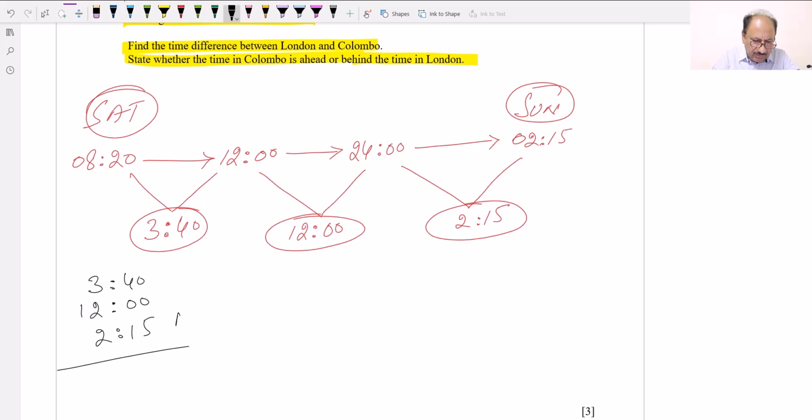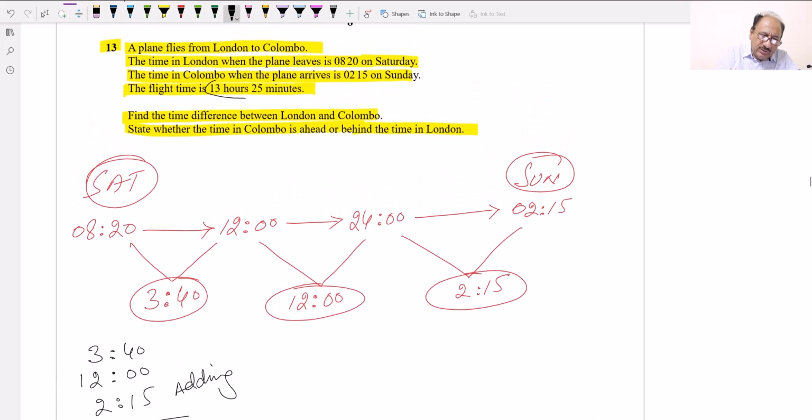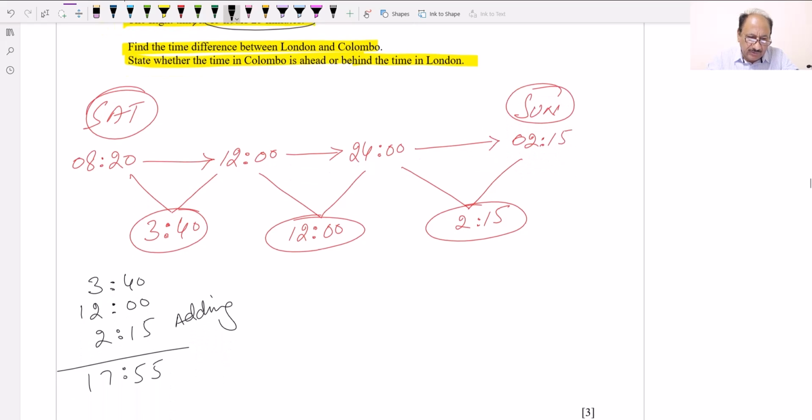Adding will give us 5, 5, and 3 to 5 is 7. So 17 hours and 55 minutes. Now they're saying flight time is 13 hours and 25 minutes.